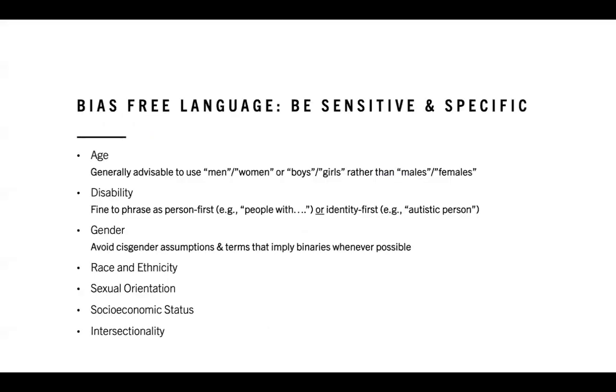And then again, all of chapter 5 addresses bias-free language. So this is kind of tricky in general because our standards and cultural practices have evolved in terms of how to refer to different groups and different people's identities. Often you want to be, all else being equal, sensitive to the people about whom you're writing and as specific as possible.